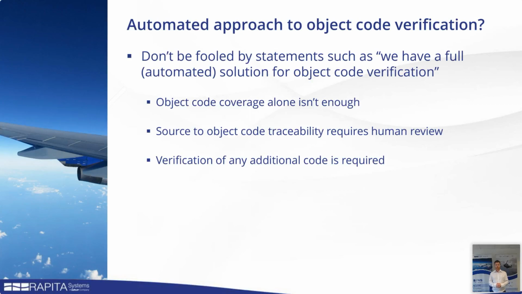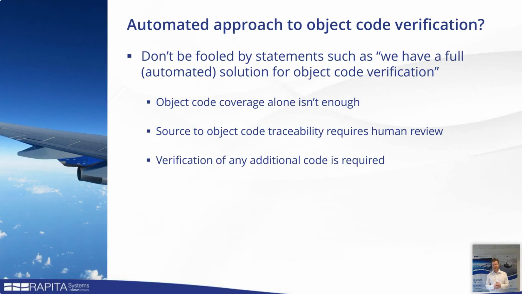There are people and tools that promise an automated approach to object code verification. One of the ideas that we're trying to clarify in this presentation is that a tool that measures object code coverage is not sufficient for meeting this objective.